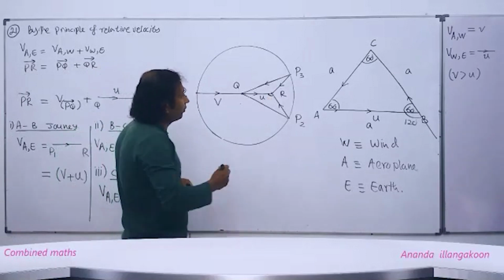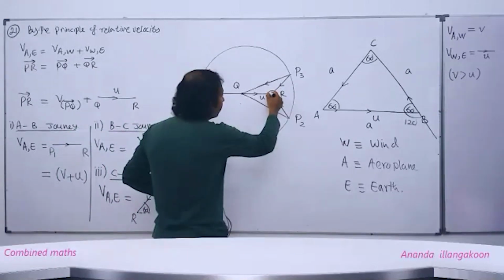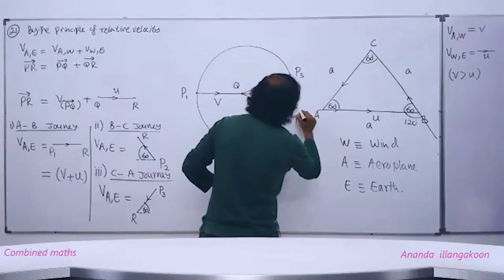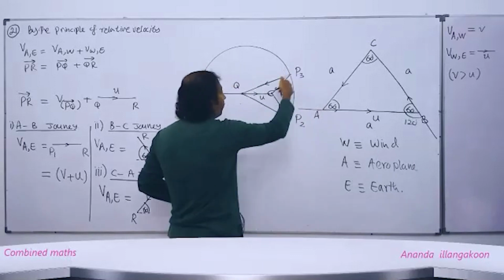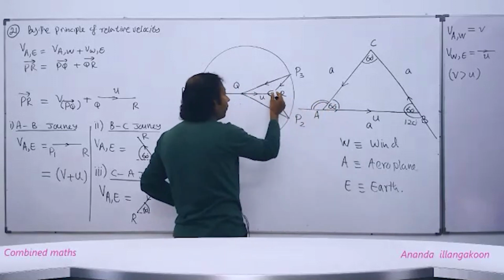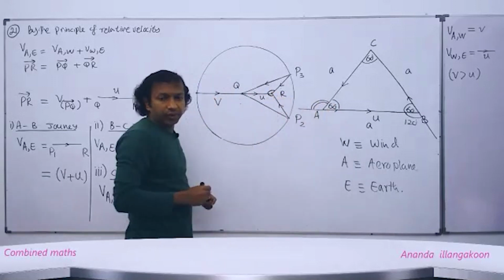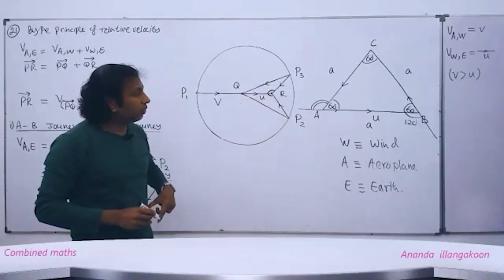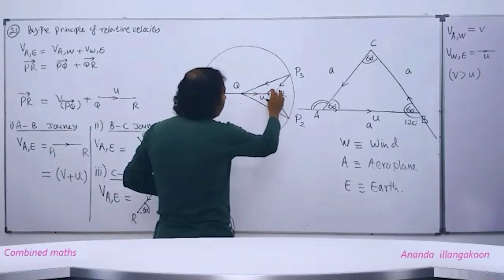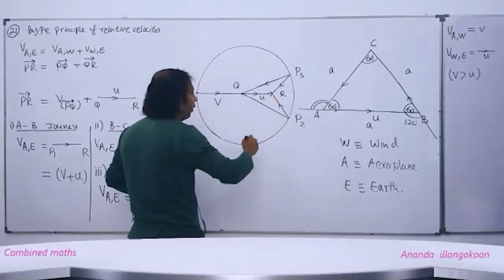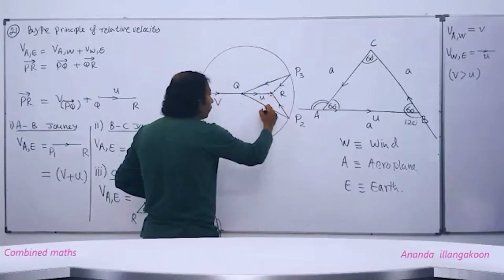And what is this angle? This P3R is this. Then this angle only, people, here we have. Therefore, this angle and this angle is 120. Right? This is 120 and this also 120. And this P2Q. This is B.